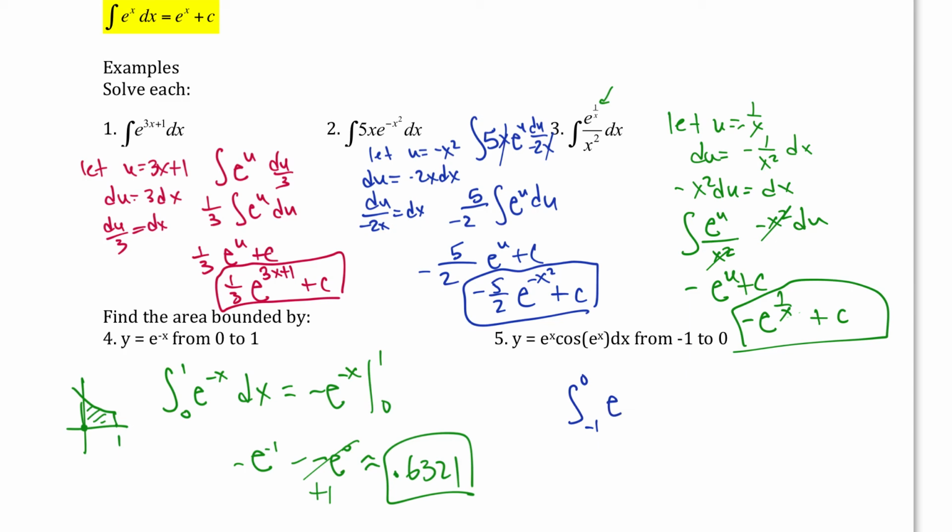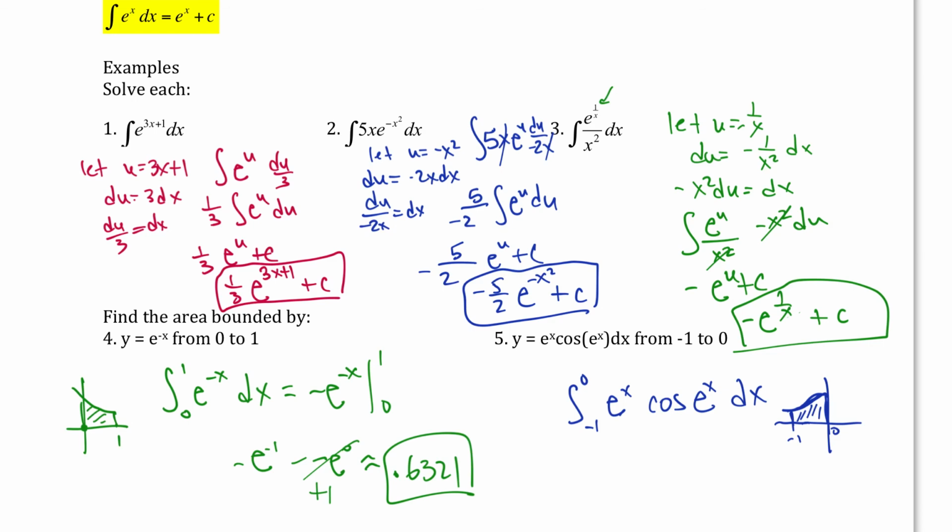So you'll end up with e to the x cosine e to the x dx. So real quick to show you, this graph is kind of funky, but I'm only looking at the negative 1 to 0 part, which ends up on this part kind of coming up like this. So that's the area you're finding right there.